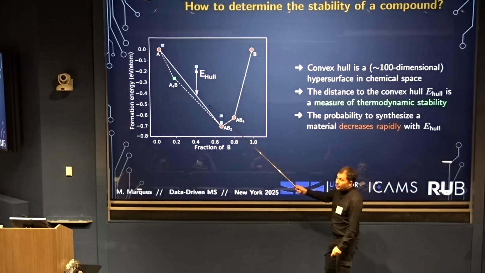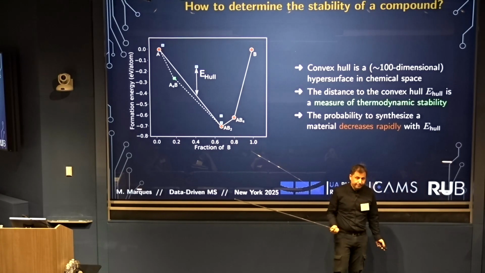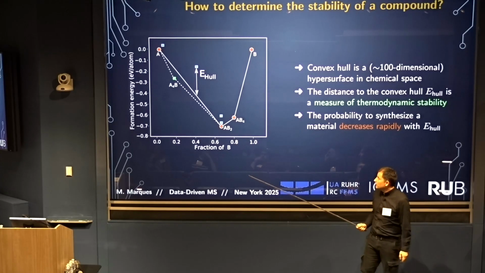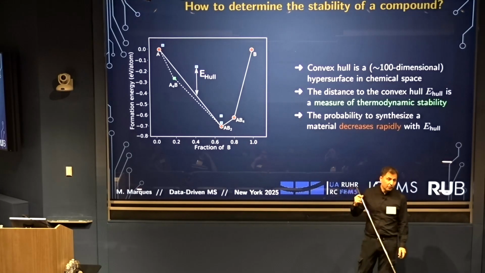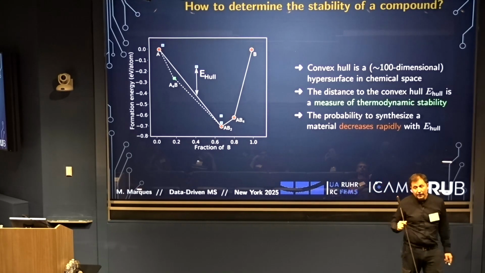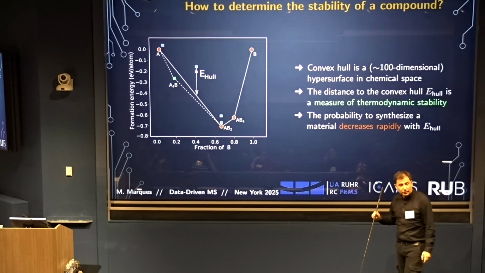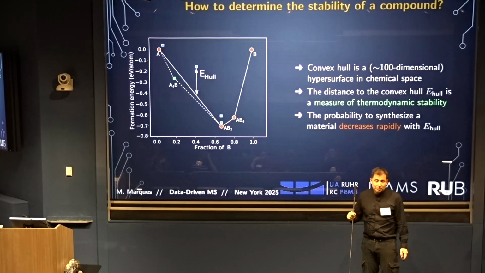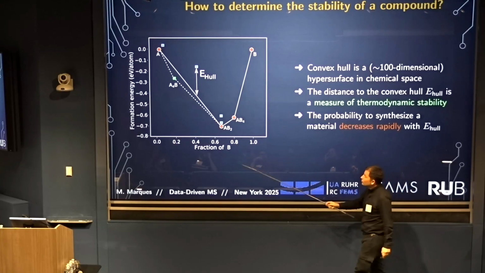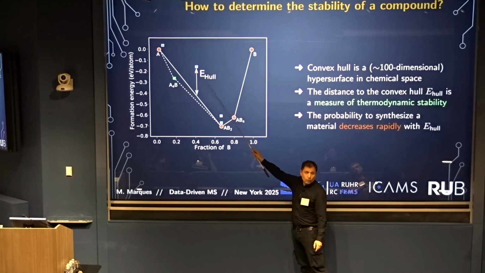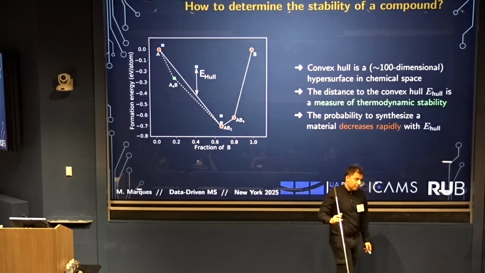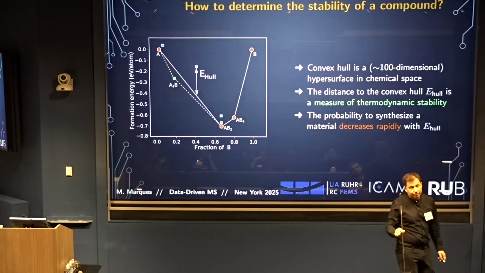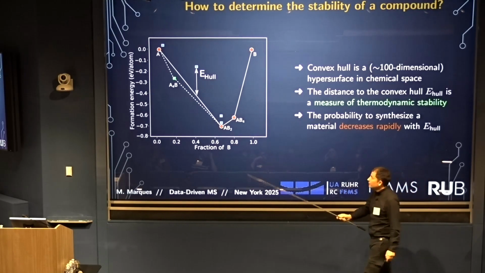Now, thermodynamic stability doesn't mean much. It does mean something, but not much. You have thermodynamically stable compounds that cannot be synthesized, and thermodynamically unstable compounds that can be synthesized. But for the distance to the hull, if you go positive, the probability that you can synthesize a compound decreases very rapidly with this distance.